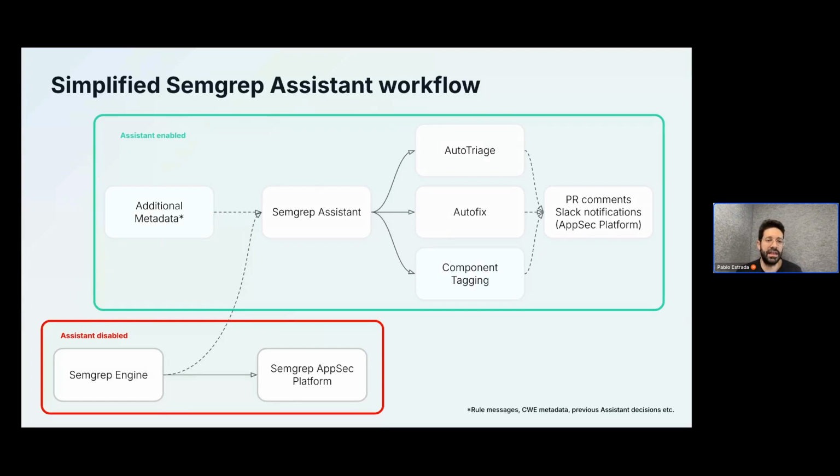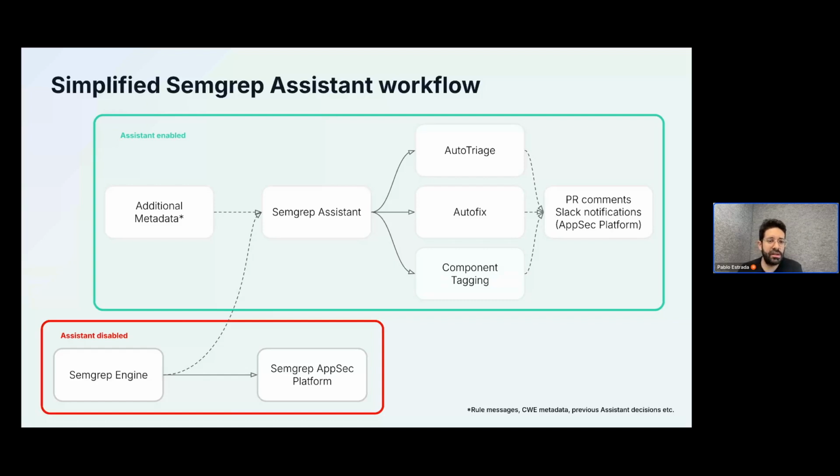It is a thing that people enable and opt into if they so choose. Again, this is pretty simplified. There is a more detailed diagram in a blog post in case people are curious to read more about exactly what's going on. But this is helpful to see the difference between using AI and not using AI in the Semgrep context.